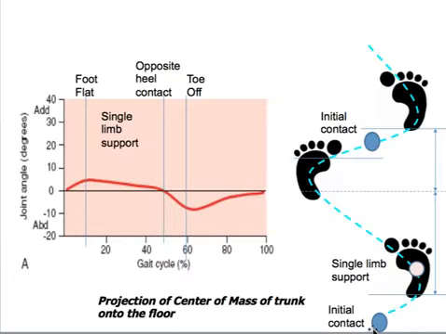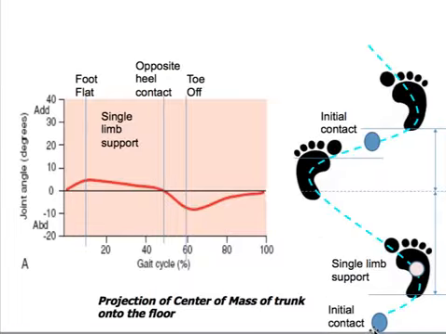And what we can follow here is the path of the center of mass as we walk, and we notice that the path of the center of mass is essentially sinusoidal in shape, shifting from one side to the other. The key is that during single limb support it has to be within the foot, and then it transitions from being within the foot to the opposite foot during single limb support on the other side.